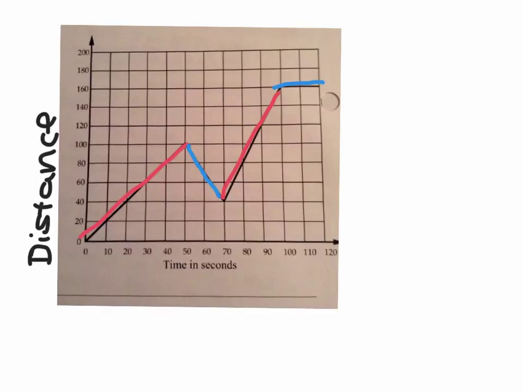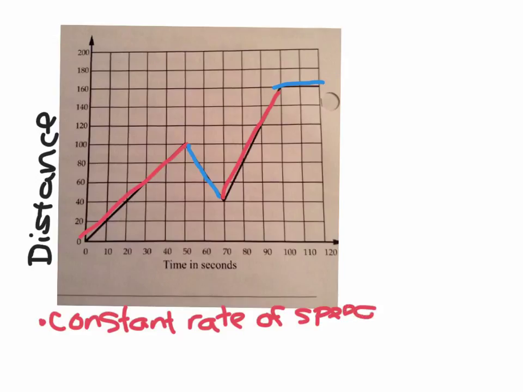When you make up your scenario for your homework, just make sure that you include that there's a constant rate of speed, right? Constant rate of speed, okay, and we're increasing distance for both of those pink areas.